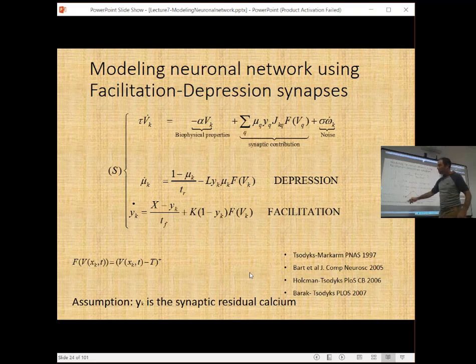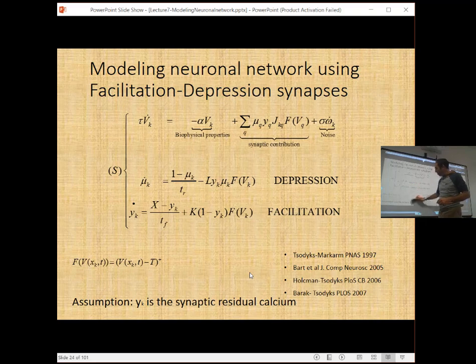So you are at a certain calcium concentration, which is x, and if you fire a lot, this term will become negligible, and y will converge to 1. It's normalized, right? It converges to a different point, and then you expect that once you send a spike, you have something that goes up and down. So that's what the facilitation is doing for you. This is an empirical description of something that could be modeled in a more detailed way.